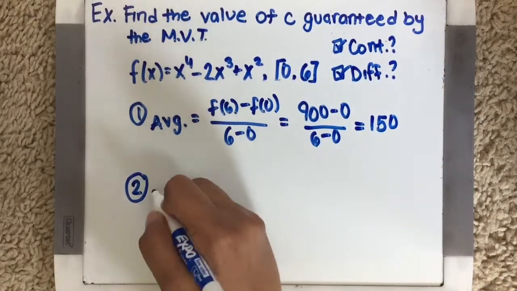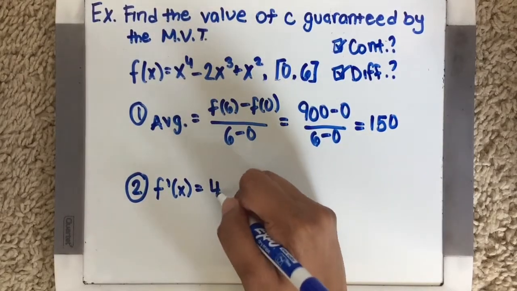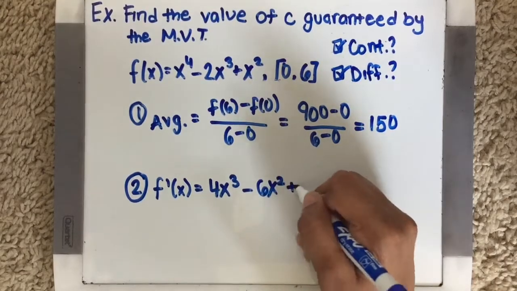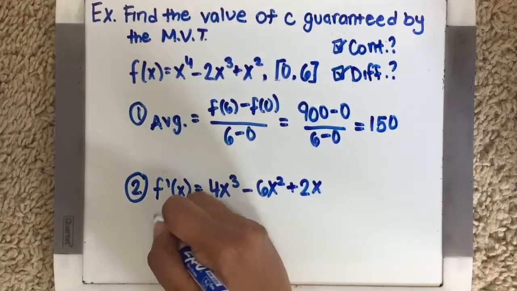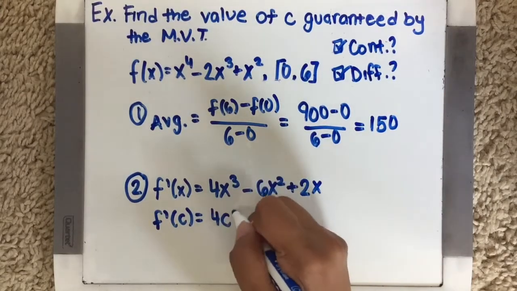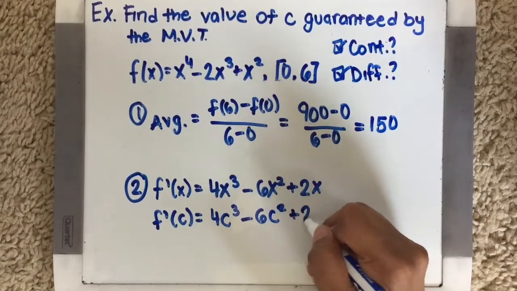As for the derivative, by moving the power down and subtracting 1 from it for all of these terms, we get 4x cubed minus 6x squared plus 2x. f prime at c is equal to 4c cubed minus 6c squared plus 2c.